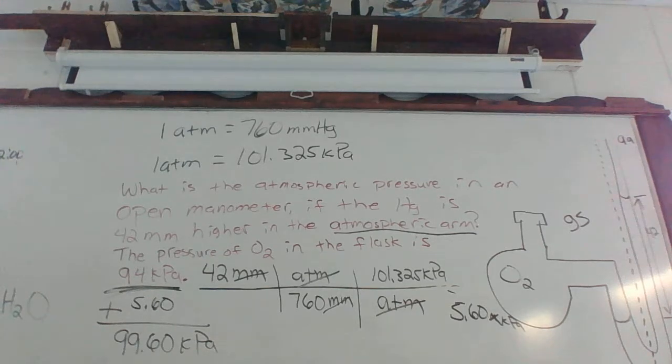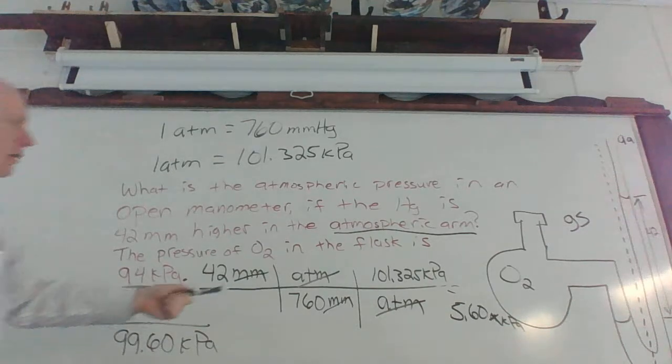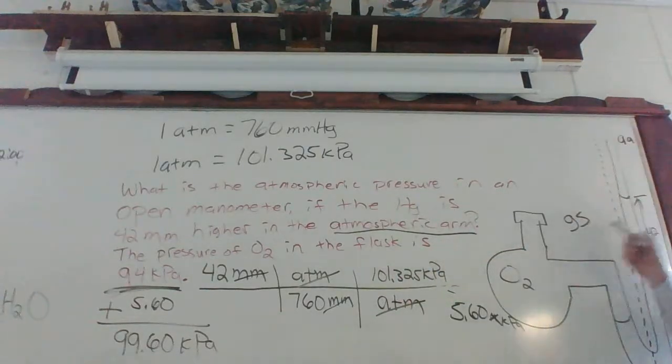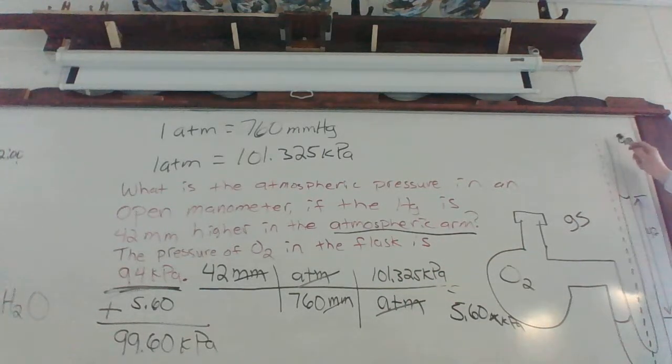I have to double check this too, but what would happen is if this was a closed manometer, if it's 42 millimeters higher in either arm, it doesn't matter, and it wouldn't say the pressure is 94 kPa, you just make this conversion into kilopascals, then you're done. You don't have to take that extra step. Again, the only reason we're doing that is because this was open to the atmosphere. It's the only reason.